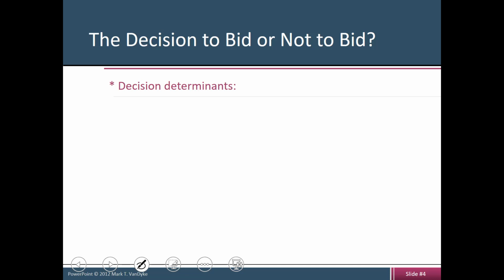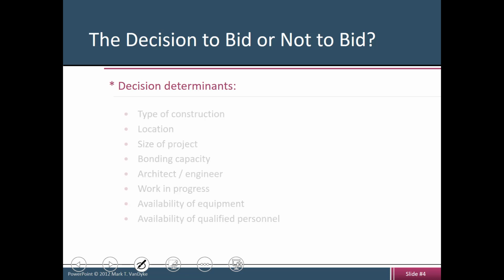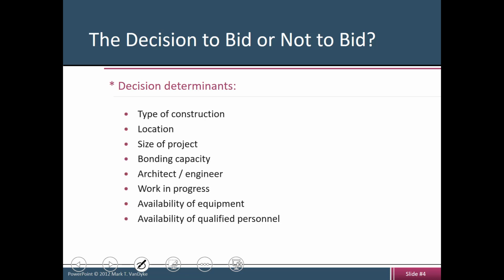Very important, maybe the most important question that you should ask yourself is whether for a given project, do I want to bid or do I not want to bid? Do I want to participate in this project or no? And there are a number of determinants, parameters that you have to look at. For example, type of construction.